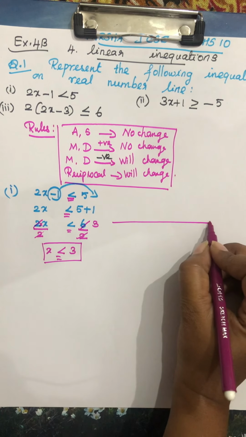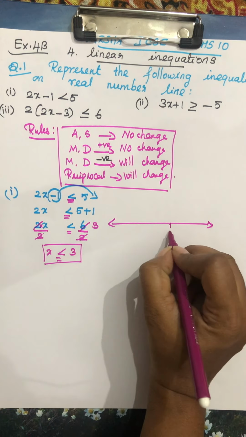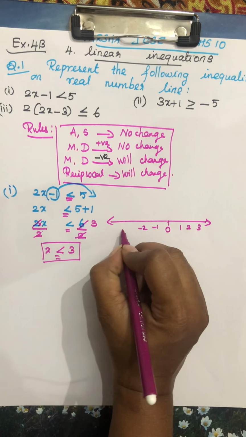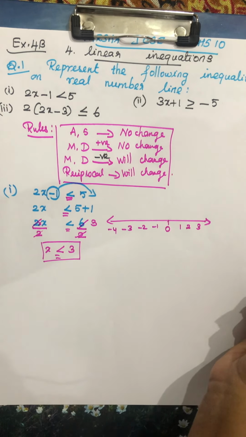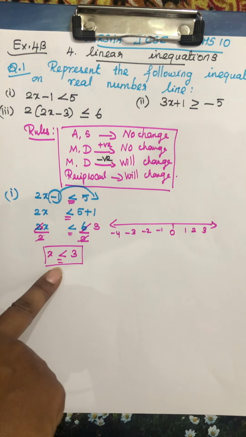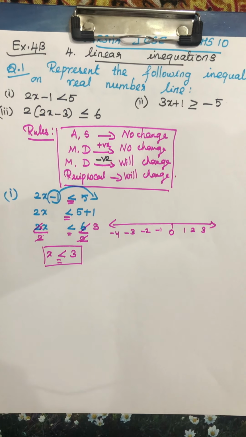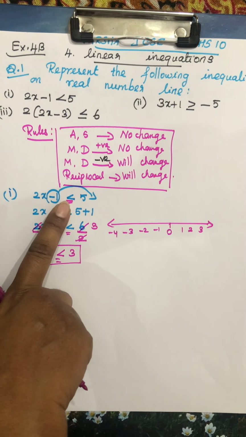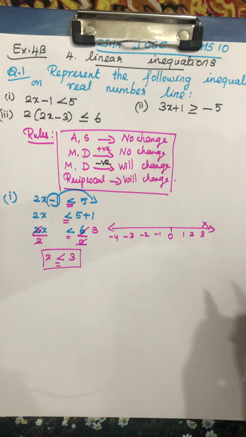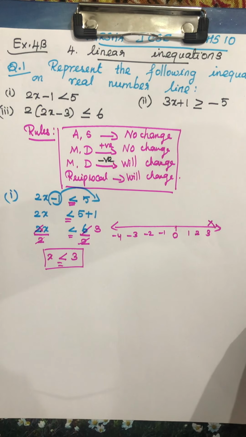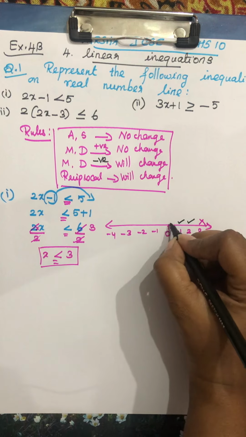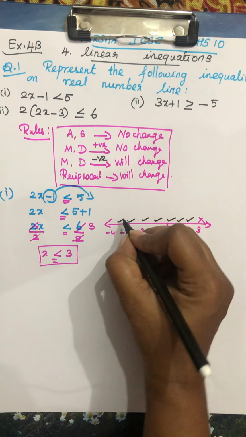How will you draw your number line? 0, 1, 2 and 3. This is minus 1, minus 2, minus 3, minus 4 and so on. x is less than 3, so 3 is not included. In this question, 3 is not included. So 3 is not in your answer. What is your answer? The answer contains numbers less than 3, means 2, 1, 0, minus 1, minus 2, minus 3 and so on.